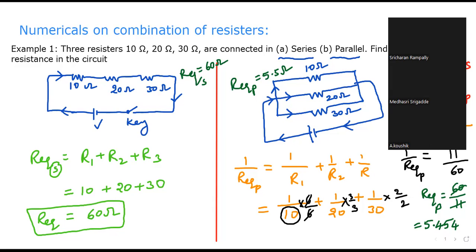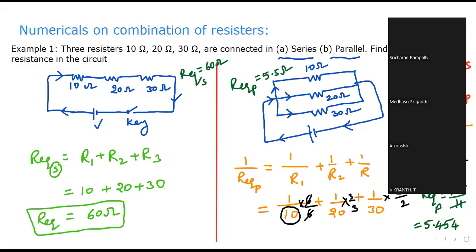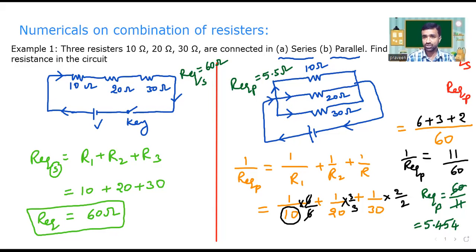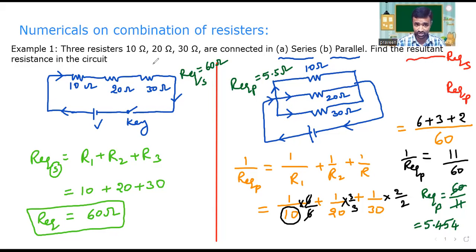Kaushik, join with your audio. Vikrant, answer me. In which combination of these three resistors, 10 ohms, 20 ohms and 30 ohms, will you get the lowest resistance? Is it in the series combination or in the parallel combination?